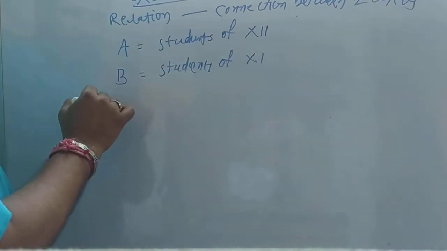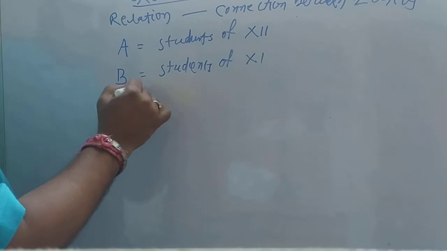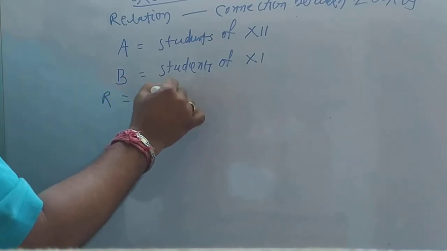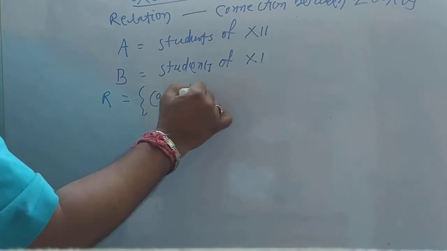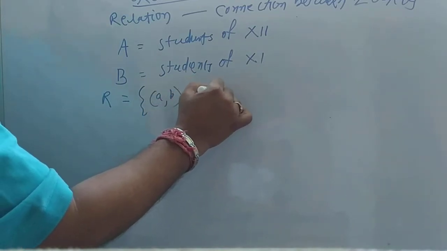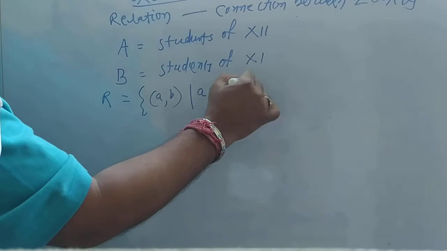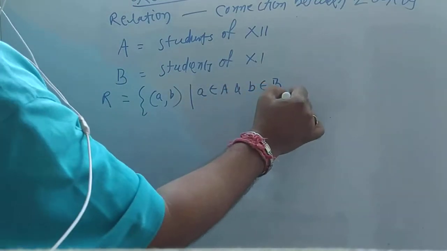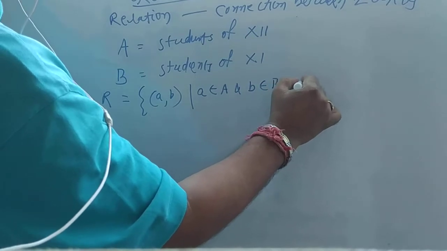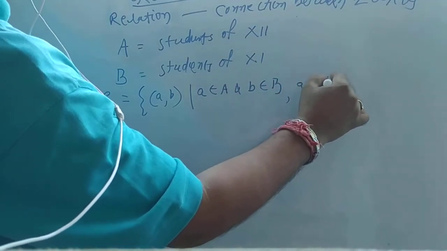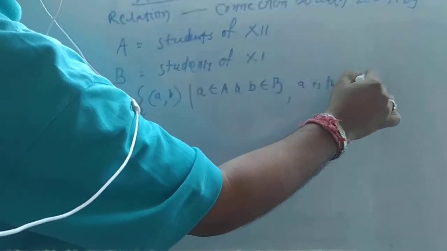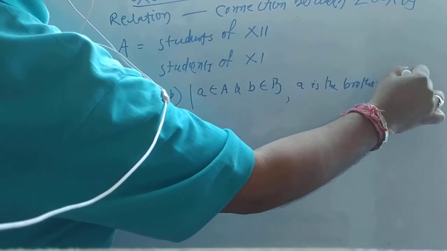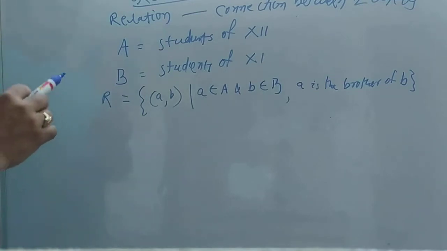So I can construct a relation R with the ordered pair (a, b), such that a belongs to set A and b belongs to set B, and a is the brother of b. Here I have taken a simple example.